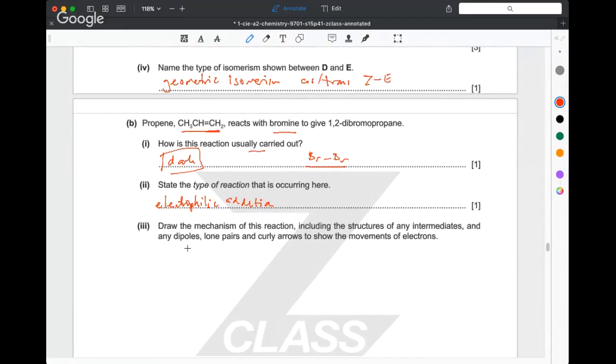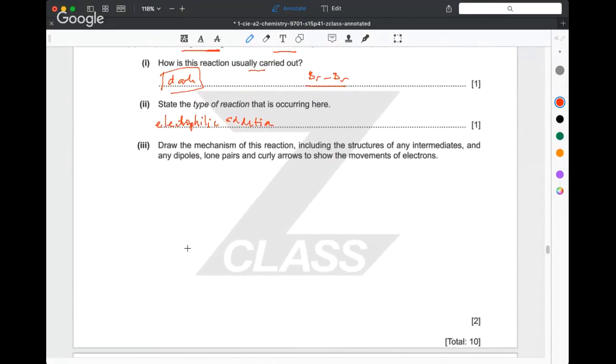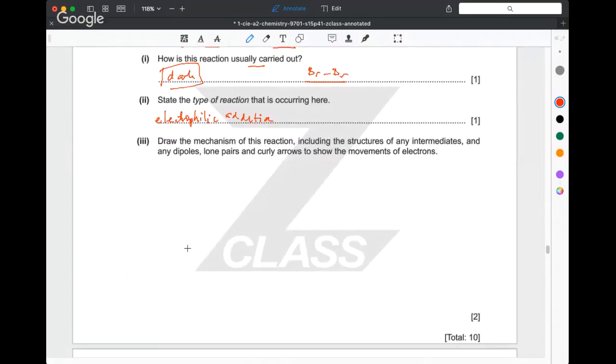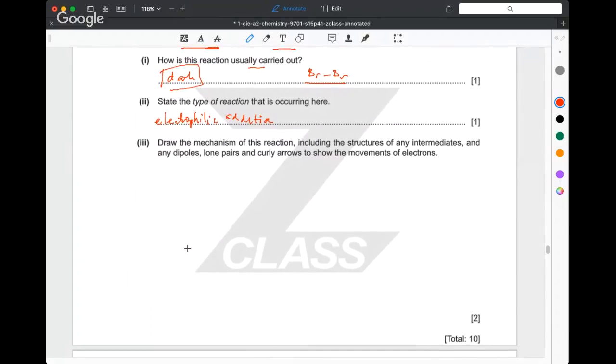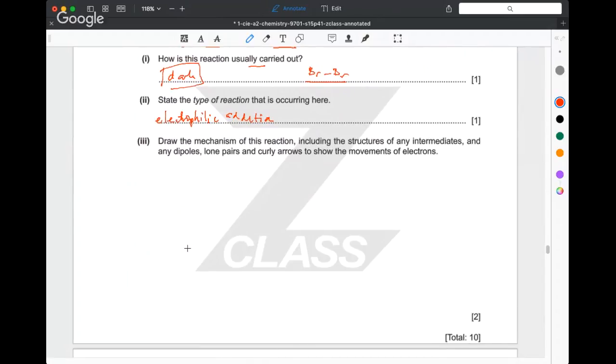Now, in all the examiners' comments, the examiners are always saying that students find drawing mechanisms a weak point, and that's one of the discriminators between A-star students and other students, their ability to accurately draw mechanisms. So we'll just go through this very, very carefully.